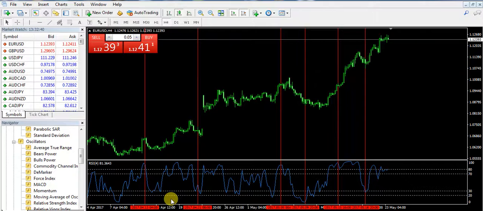Now, when the relative strength index forms a high point and it starts forming a curve downwards, it simply means that the trend strength is decreasing. The volume of trading is decreasing. We can expect the trend to slow down.